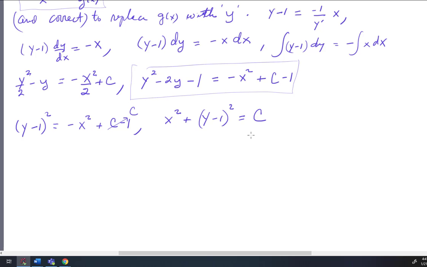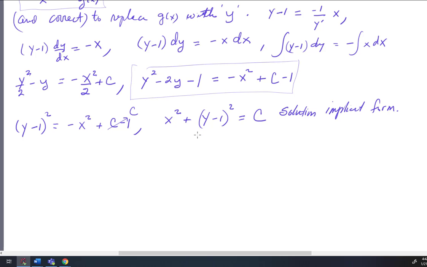Now, that's the solution to our differential equation, not written as y equals, but written in implicit form. Remember Calculus 2, you learned how to take implicit derivatives. Maybe that was Calculus 1. In any case, it was some course in your background. So this is an implicit solution to the differential equation.